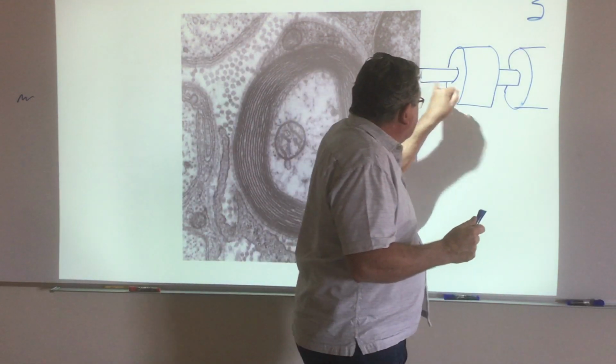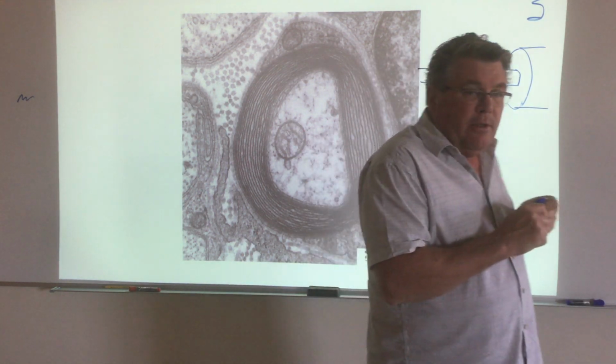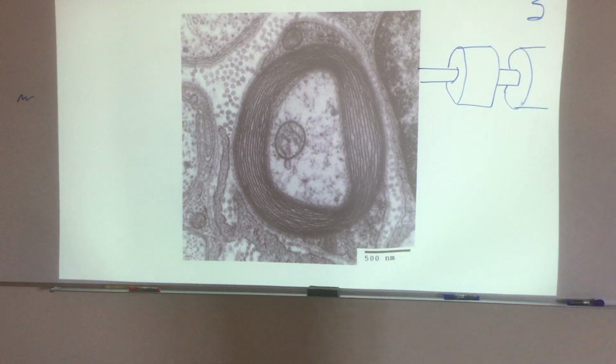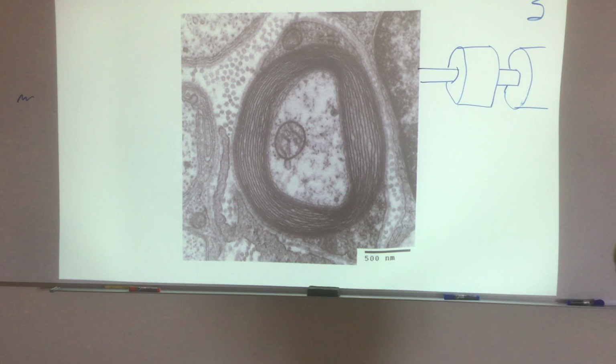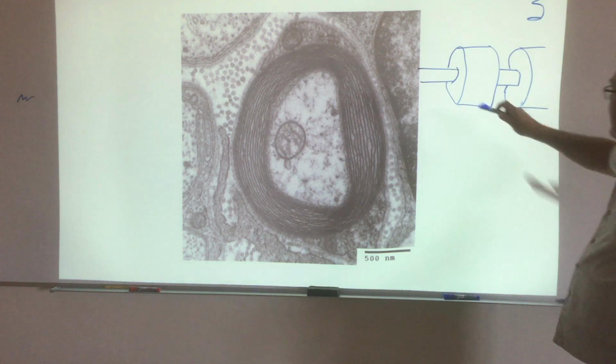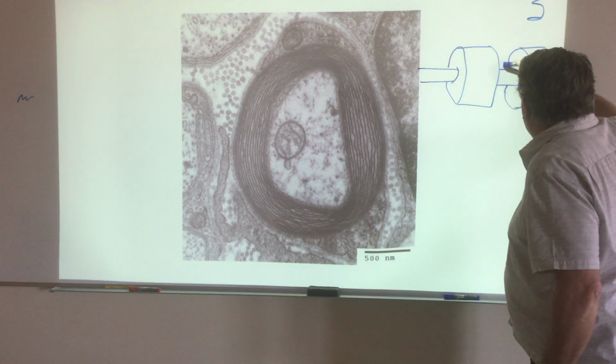And what we have are these little open areas of just purely axon, and we call them nodes. Specifically, we call them nodes of Ranvier, R-A-N-V-I-E-R. The nodes of Ranvier are where we actually see the exchange of ions.